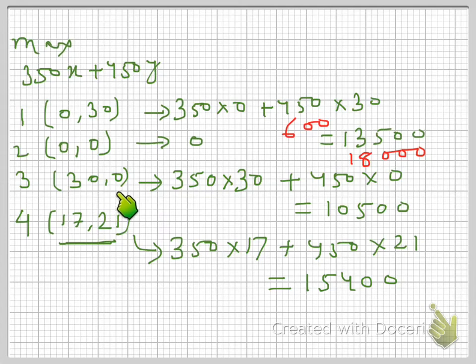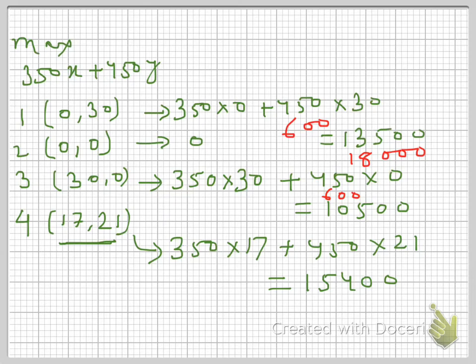In the third case also, product B is not being produced. We are producing 30 units of product A and 0 units of product B. So if this 450 becomes 600, that won't bring any change in this value of 10,500.